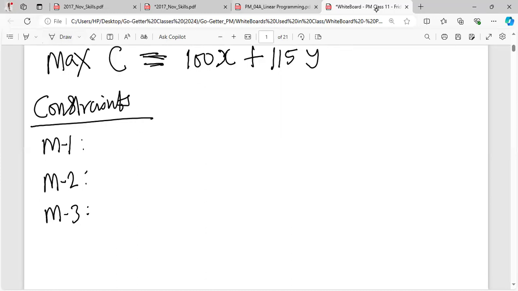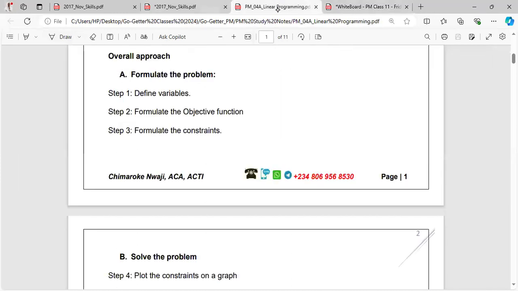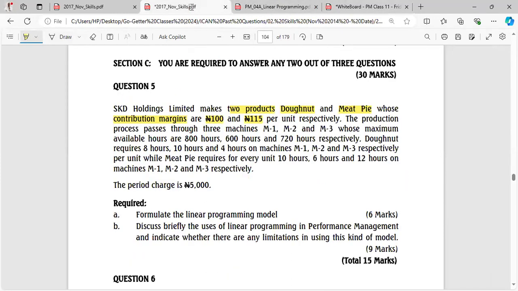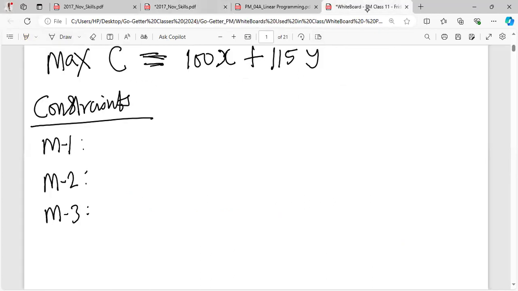Okay, it says here that 1 unit of donut requires 8 hours in machine M1, 10 hours in M2, 4 hours in M3. So this is 8, 10, and 4.